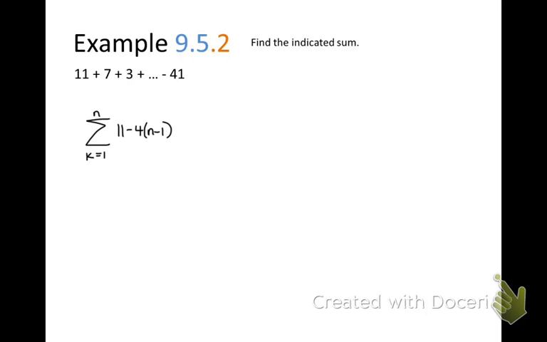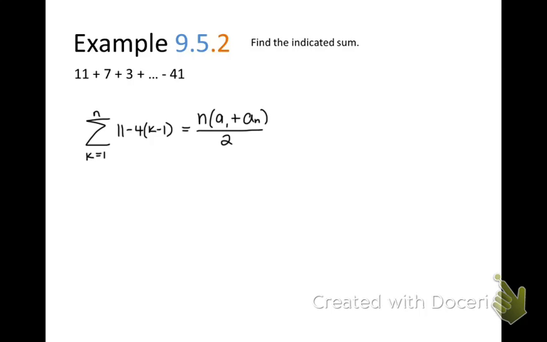And I guess, I'm sorry, not n, times k minus 1. And I know that this is going to equal n times the first term plus the last term divided by 2, right?